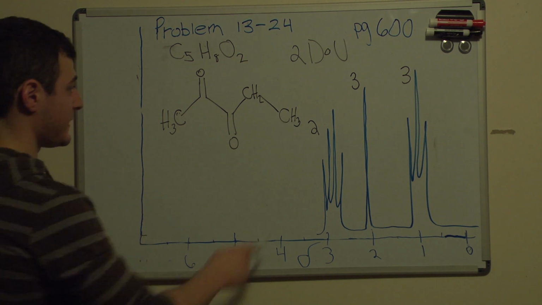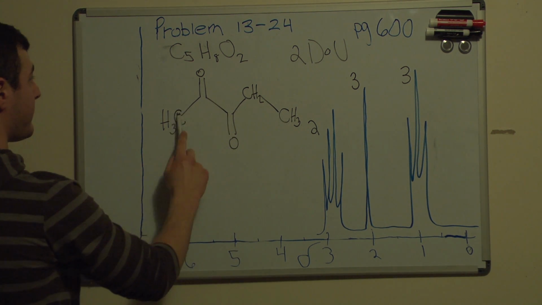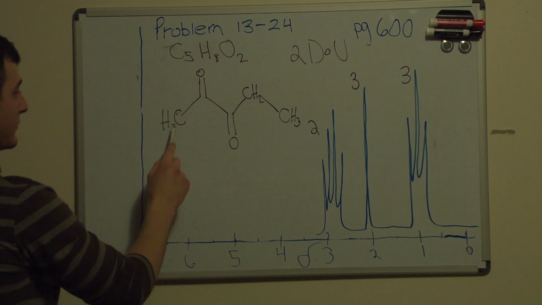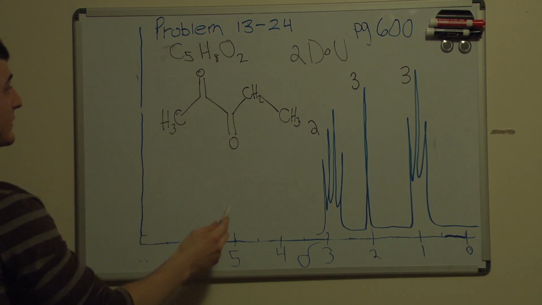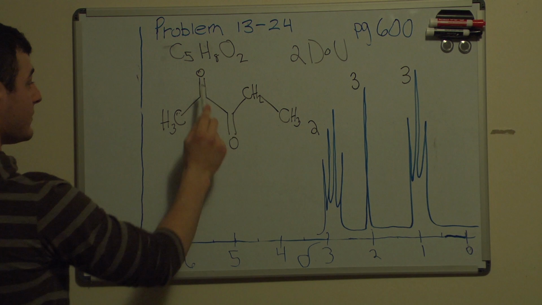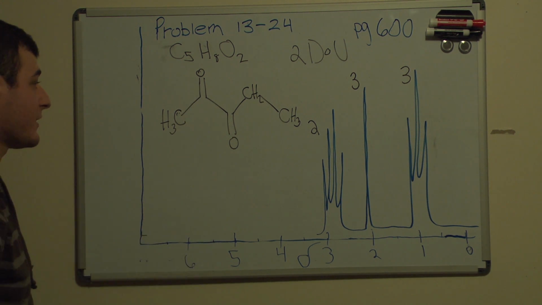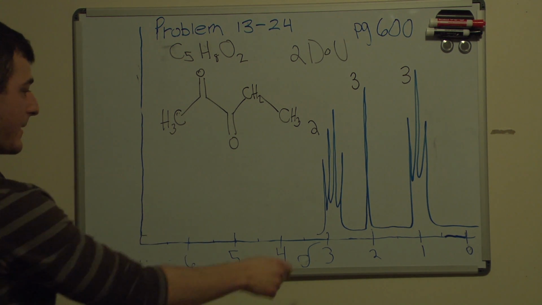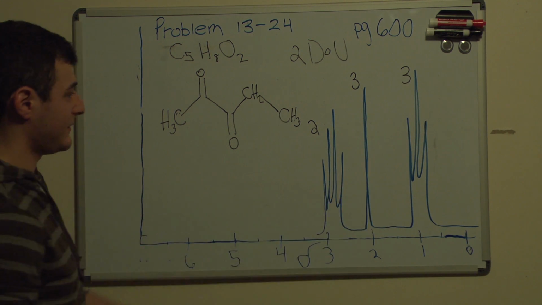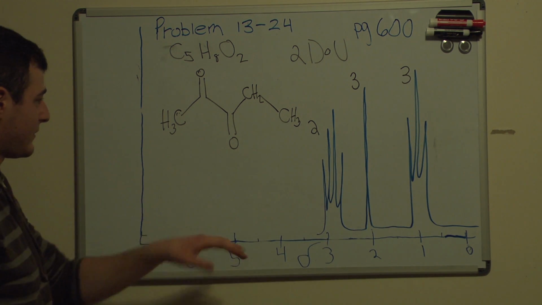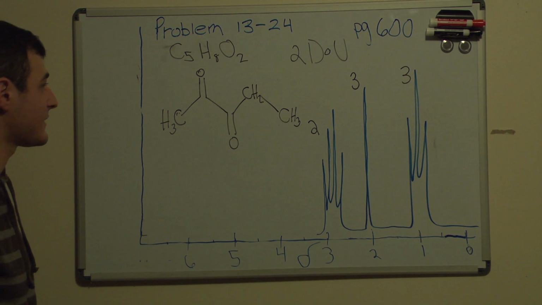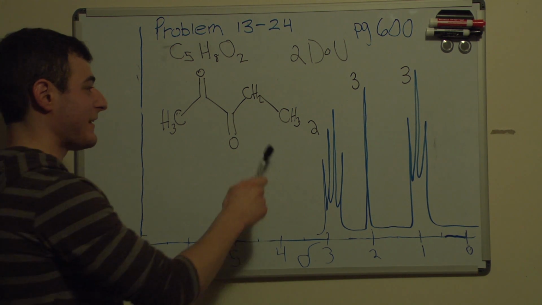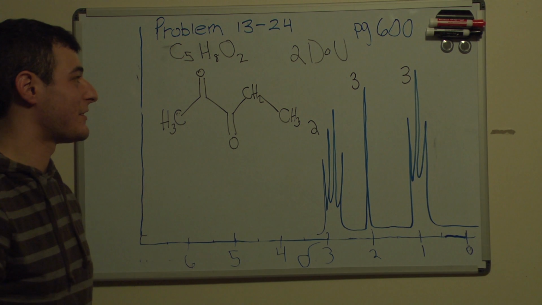So let's see. 1, 2, 3, 4, 5 carbons, good. 1, 2, 3, 4, 5, 6, 7, 8 hydrogens, 2 oxygens, 2 degrees of unsaturation, and I think it explains each of these peaks pretty well in their chemical shifts. So I'm going to go ahead and say that this is the right answer for this question.